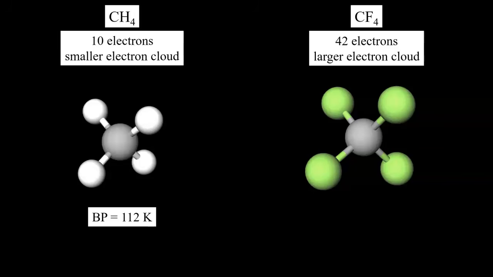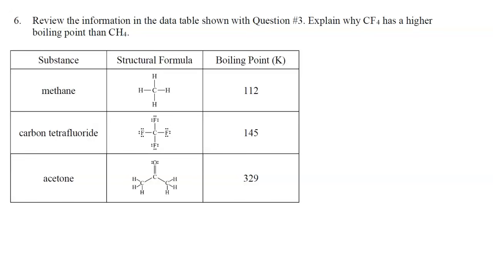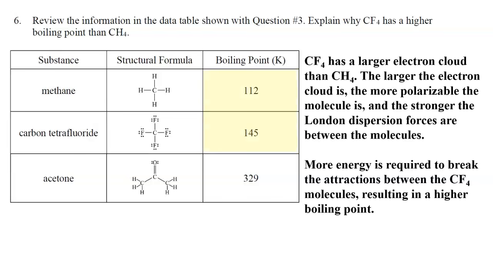And that difference in boiling points is related to the relative size of the electron cloud, and therefore the polarizability and the relative strength of the London dispersion forces between the molecules. So the answer to question 6 is the following. CF4, carbon tetrafluoride, has a larger electron cloud than CH4, methane.